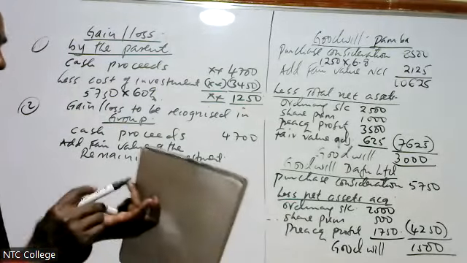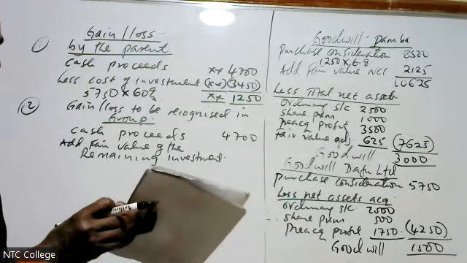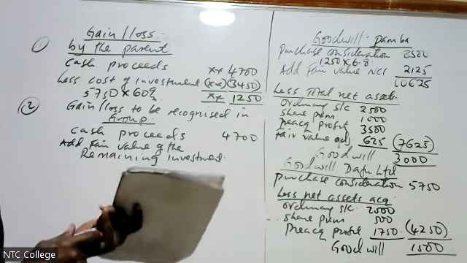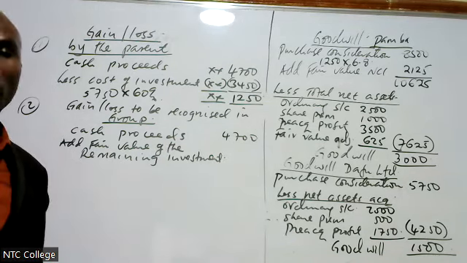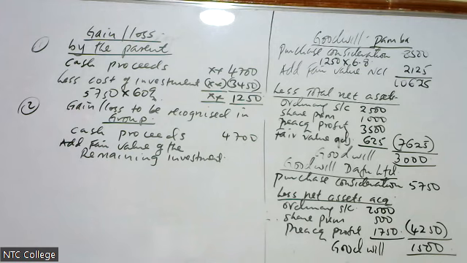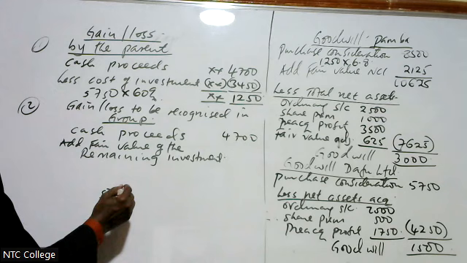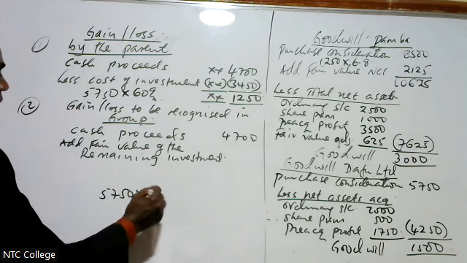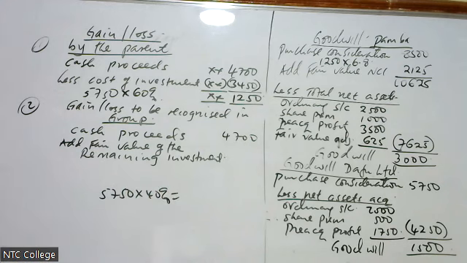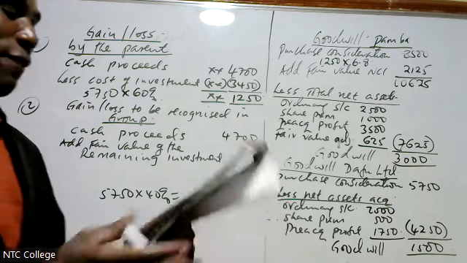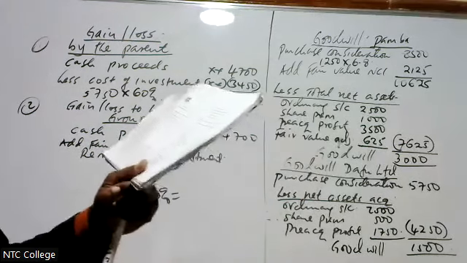Now, Florence, can you read for us note number 4 to see if there was any fair value of the remaining investment? We know that the investment that is remaining is 5750 times 40%. But the examiner in note number 4 gave us the fair value.